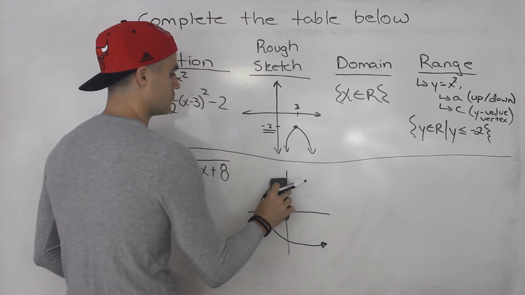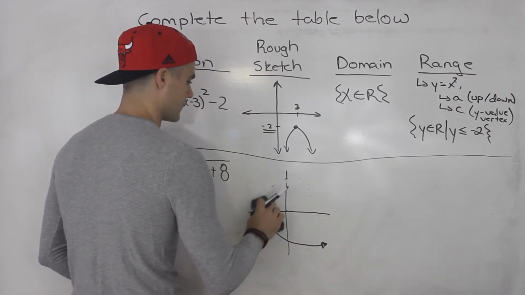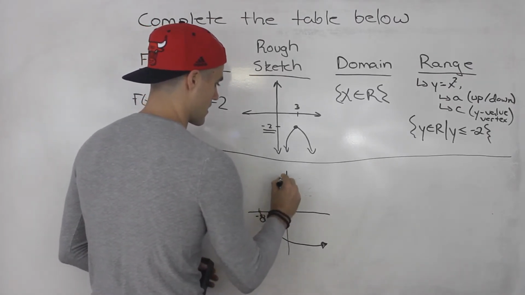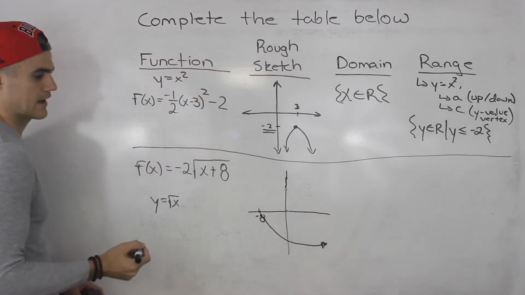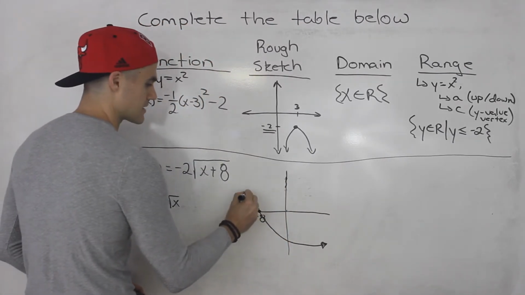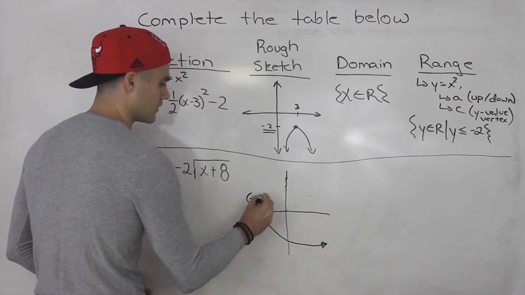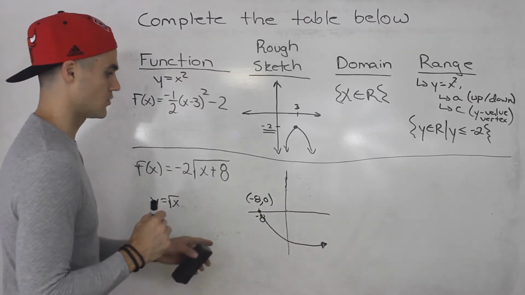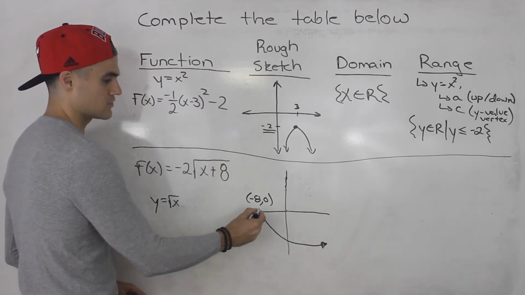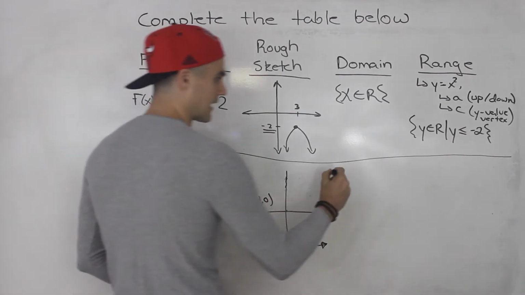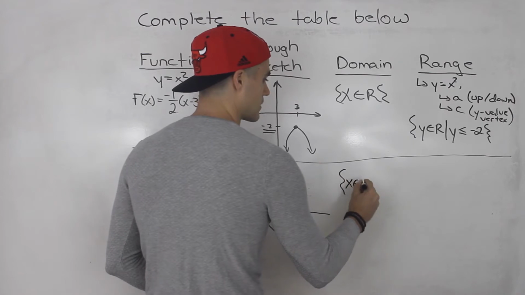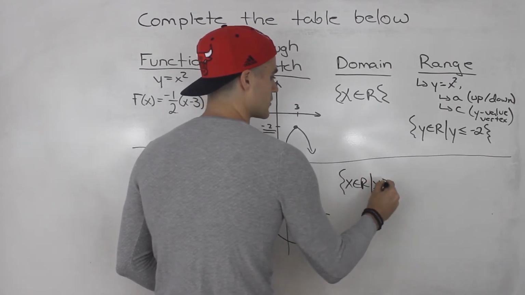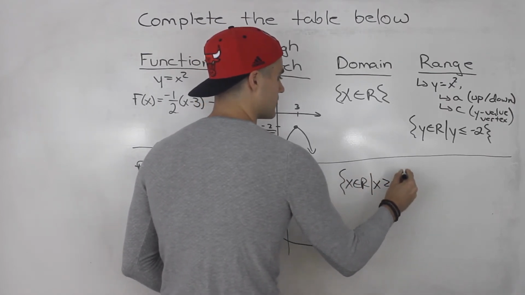And so the new transformed function looks like that. And right there, that is enough information to find the domain and range of it. So the domain, notice all the x values have to be greater than or equal to -8. So x can be anything, but x has to be greater than or equal to -8.